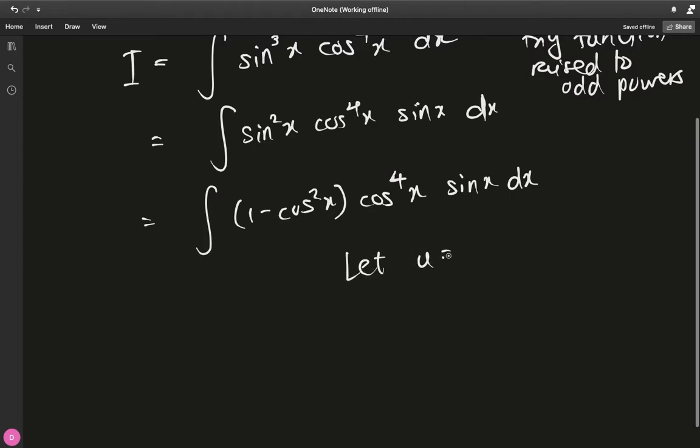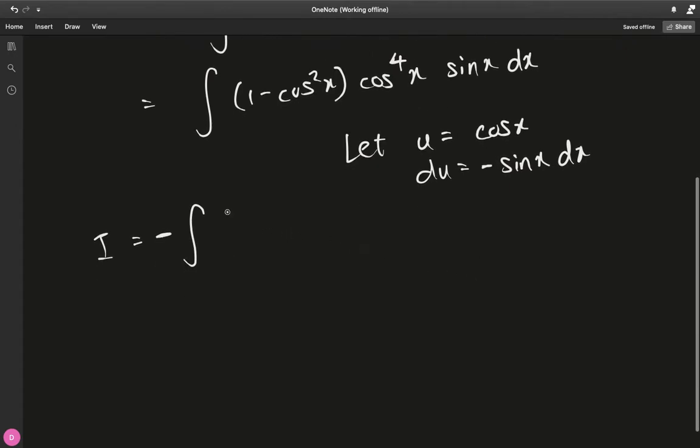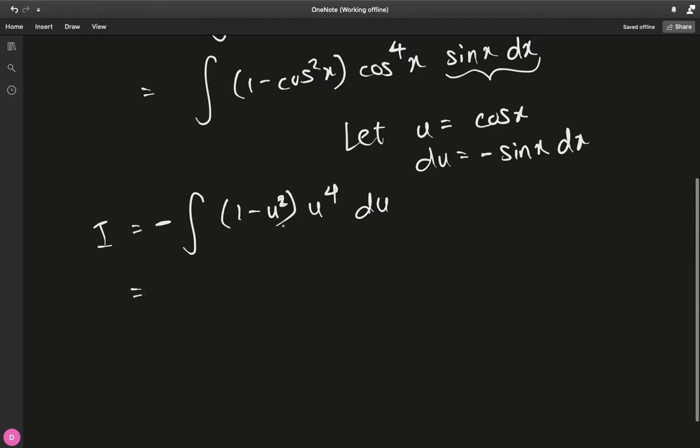Let u equal cosine of x such that du is negative sine x dx. So the integral now becomes, take a negative outside to compensate for the du, 1 minus u squared times u to the fourth, and this entire thing, because we took a negative to compensate for that, will become du. And that's the advantage of splitting up these things like this.